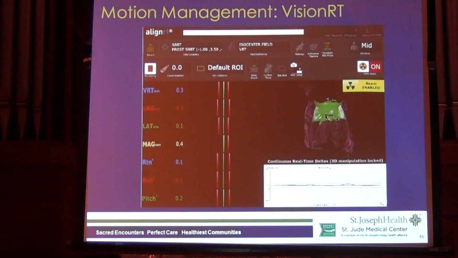We monitor patients real time. And now the list isn't moving. What we're seeing is basically a 3D topography image of the patient during treatment. And we set thresholds. So if the patient is moving during treatment, currently we have the ability to turn the machine on and off. What that allows us to do is not treat outside the area so we don't miss our target.